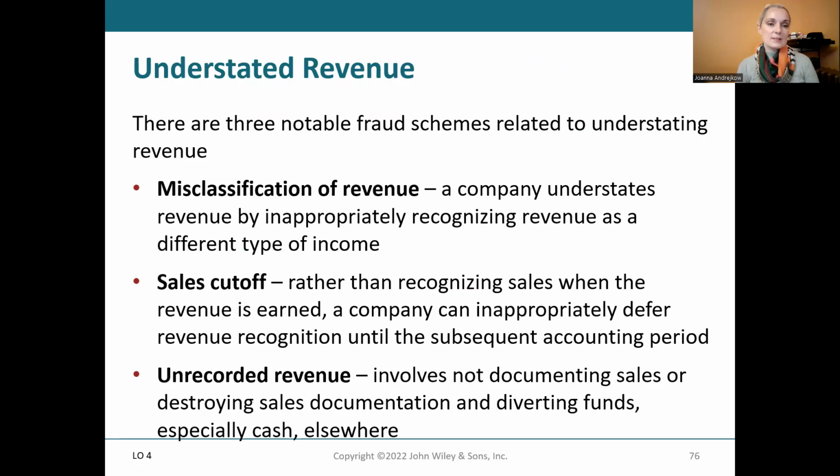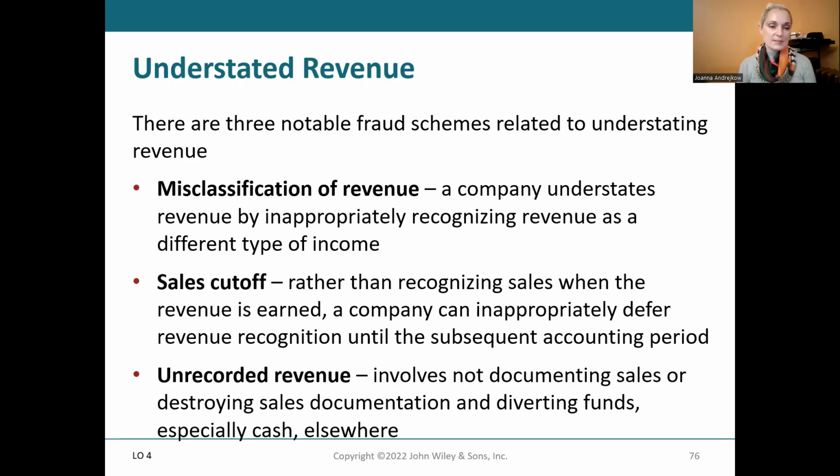So understating revenue, there are 3 notable fraud schemes related to understating revenue. One is the misclassification of revenue. A company understates revenue by inappropriately recognizing revenue as a different type of income, so it will show after operating income as maybe a gain or something like that.